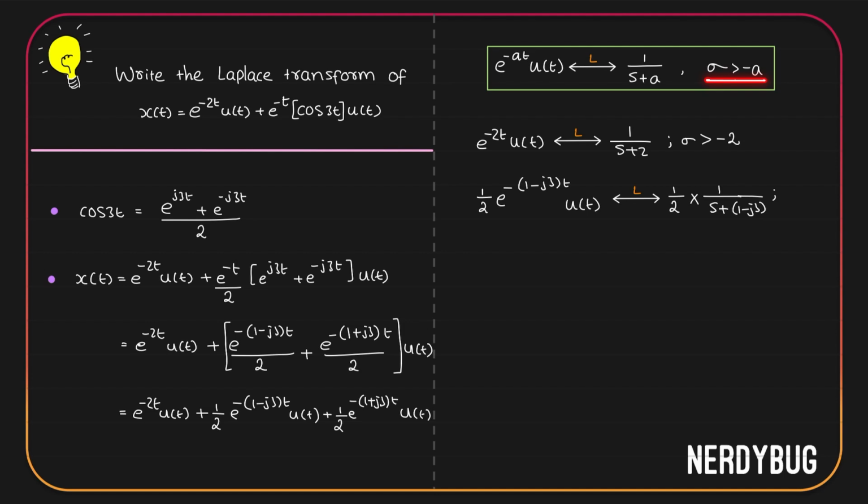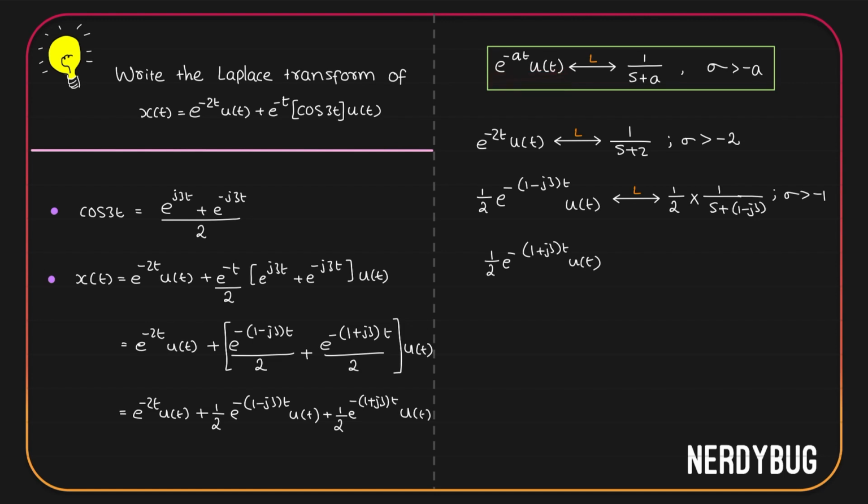ROC is sigma greater than minus a. Here it is 1 minus j3, but j3 is the imaginary part. Sigma is real, so it only depends on the real part. We can write sigma is greater than minus 1. The third part of x of t is half e raised to minus 1 plus j3 into t u of t.